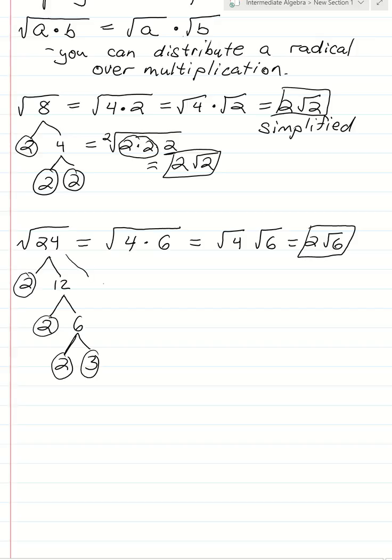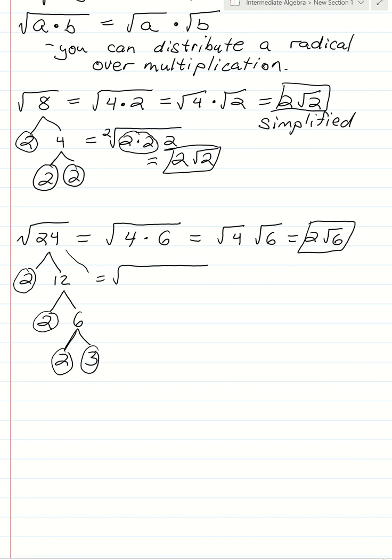So the square root of 24 is the same thing as the square root of 2 times 2 times 2 times 3. Now remember, we're looking for a number that happens twice, because that's the root index when we talk about square roots.